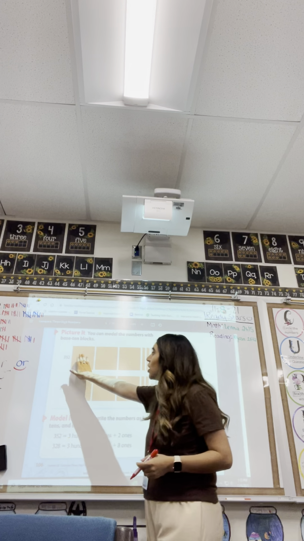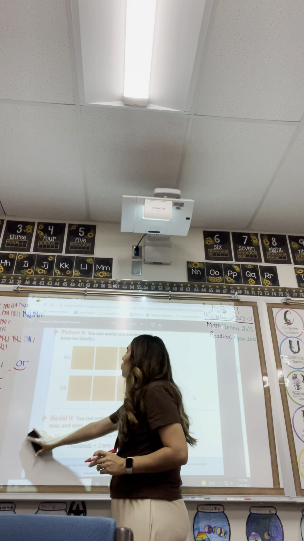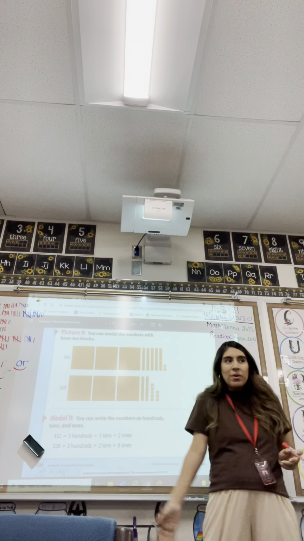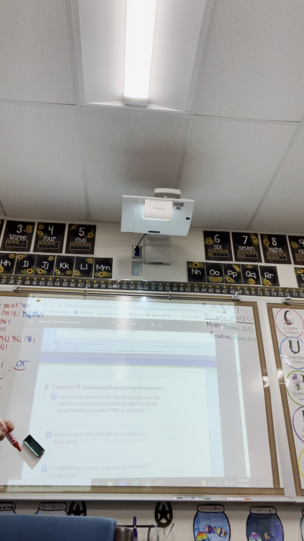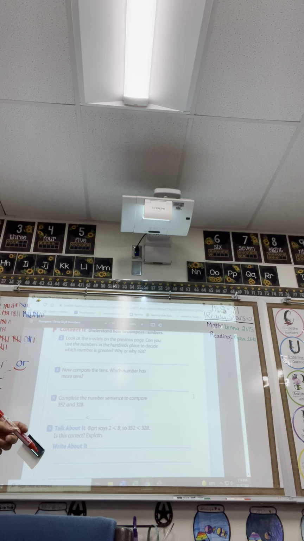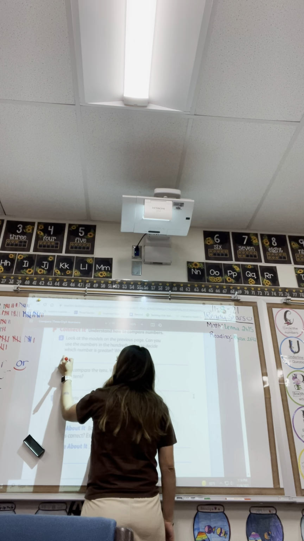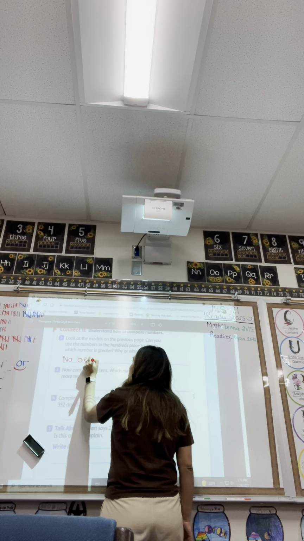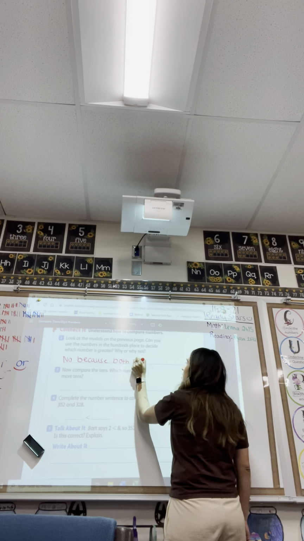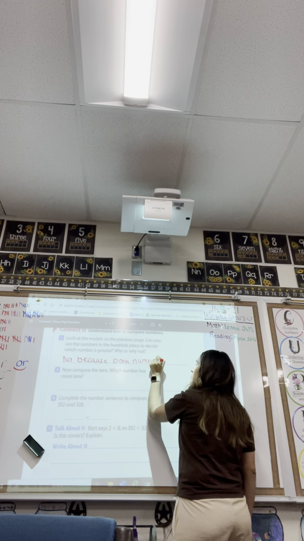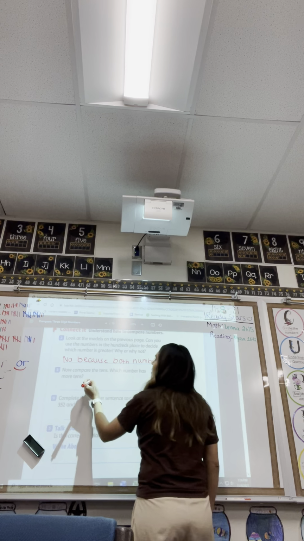Okay, so if we start with our 300 and our other 300, we only have 3, so we wouldn't be able to figure out what number is bigger, would we? Right. So I want you to say no, because both numbers are the same.